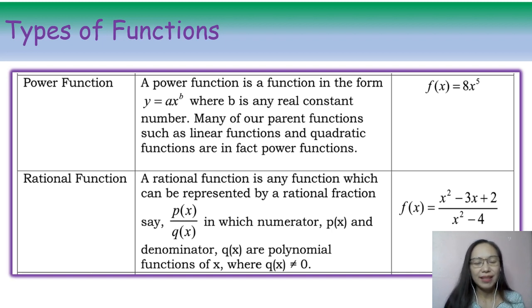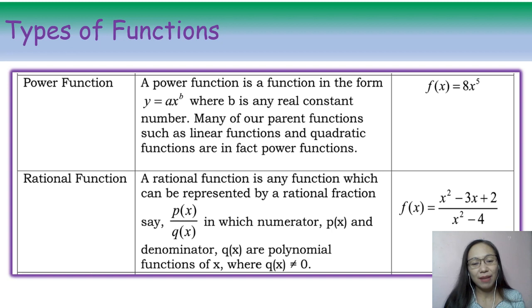We also have the rational function. A rational function is any function which can be represented by a rational fraction, say p of x over q of x, in which the numerator, p of x, the upper part, and the denominator, q of x, the lower one, are polynomial functions of x, and q of x is not equal to 0.